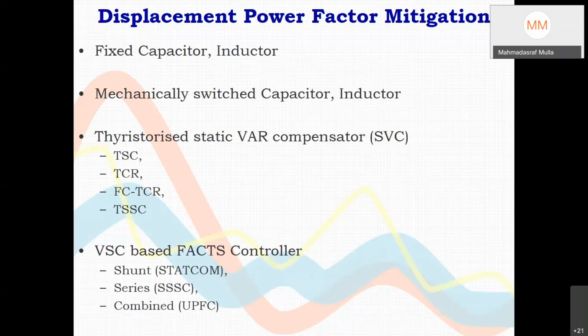So instead of thyristor, here we will use IGBT, through which we will create a shunt arrangement, series arrangement, and a combination of that. Okay. Now, how do you compare the last two? What will be the advantage of introducing IGBT in place of thyristor?